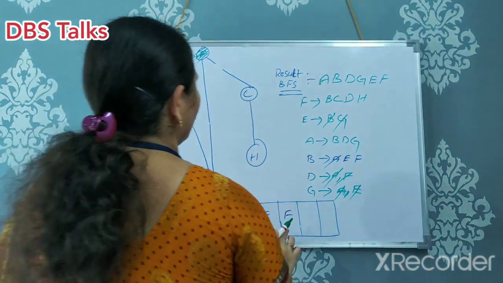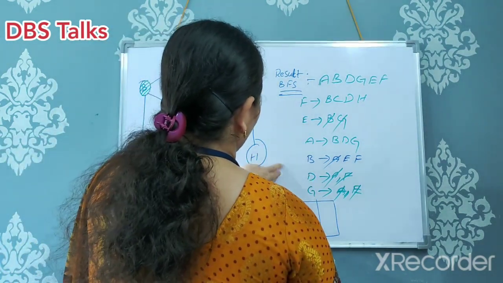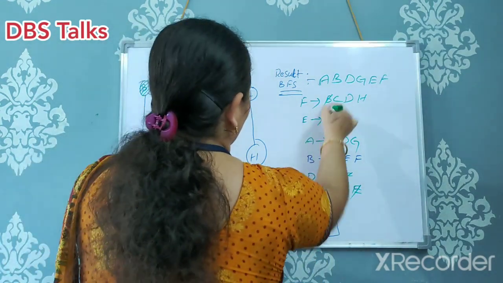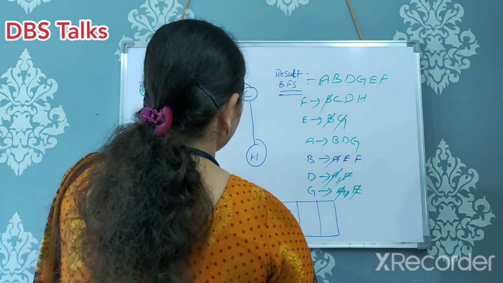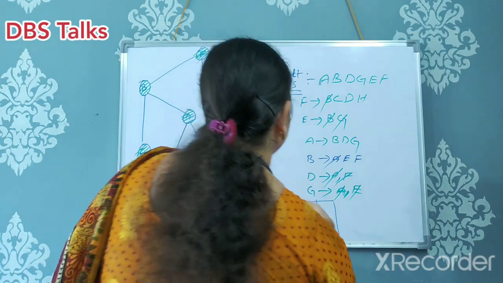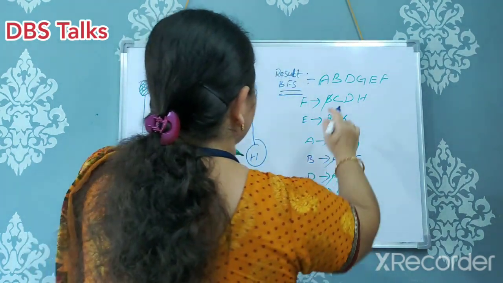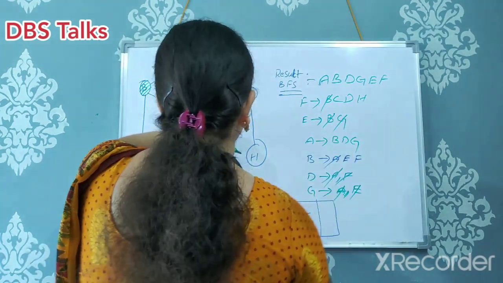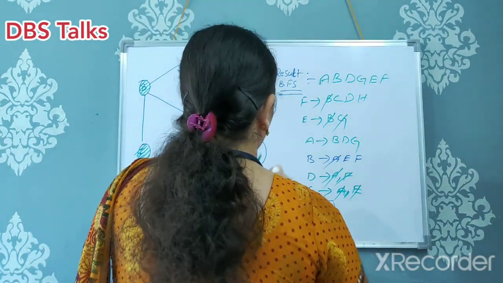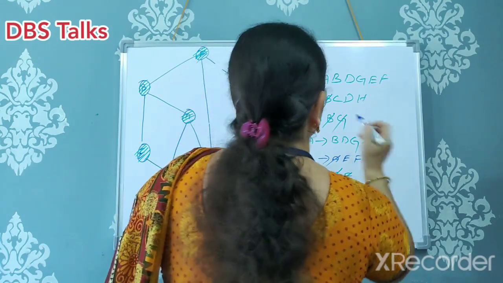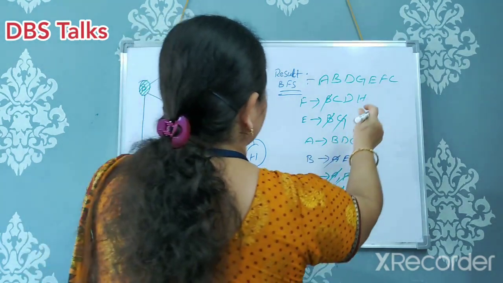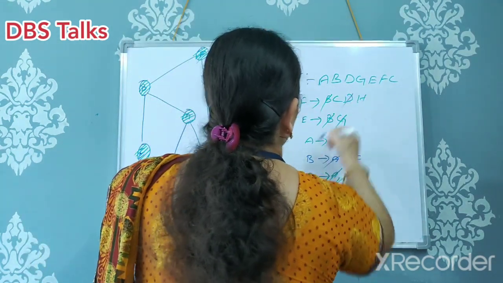So F is dequeued from Q. Next, B is already in Q as it is visited, so no need to consider it. C is not visited, so we can write C here. Next, D is already visited.